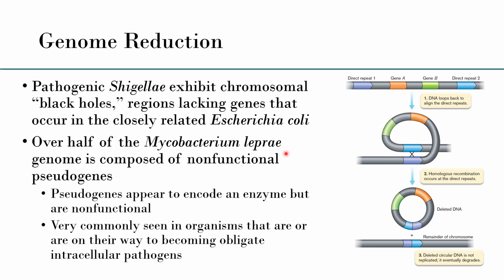It breaks down the food for me, and I get the food pieces that just float into my cell. Why would the cell maintain a lot of stress genes like acid stress or things like that when it's inside a nice cell that maintains its own homeostasis? So, in these obligate intracellular pathogens, we often see them lose big portions of their genome or have these pseudogenes because all of this genetic material is now no longer needed because they're using the host machinery instead.